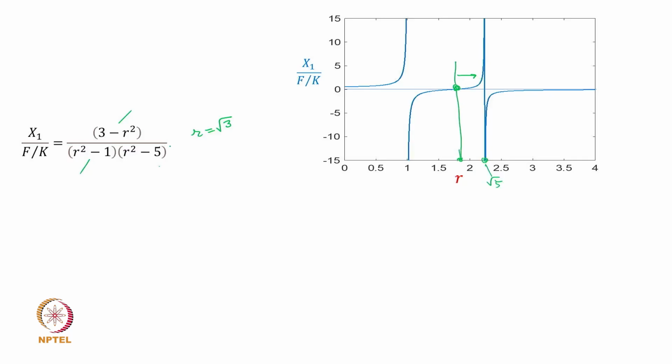So there you get another resonance because of this term, and then you have large amplitude, and suddenly after this particular case, when r is more than square root of 5, your response is again back to negative value, and that is how the response changes with the force frequency ratio. So the point is, 2 degree of freedom will have these 2 resonances, okay, and the amplitudes will flip from minus to plus as it crosses through these resonances.